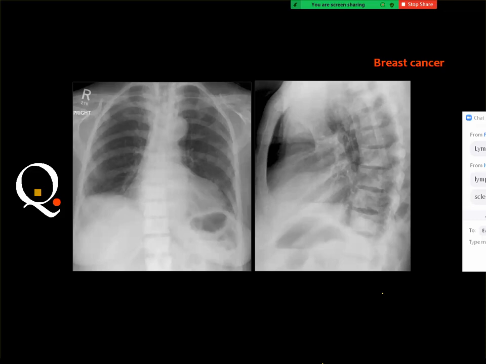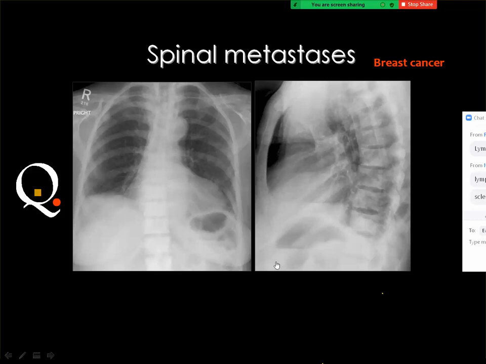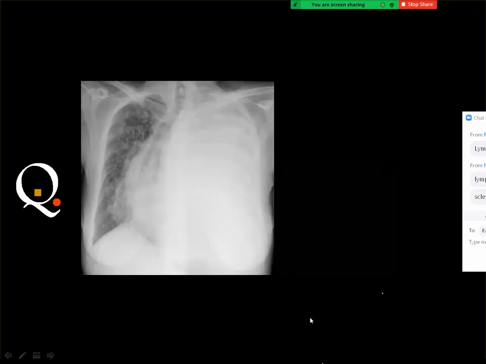Yes, the answer is right, and these are sclerotic deposits, and this case is provided to let you know: don't concentrate only on the lung, the heart and the mediastinum if you are reviewing chest cases, but look also at the skeleton. The chest may be absolutely normal, but the skeleton is not, and these are metastatic sclerotic deposits.